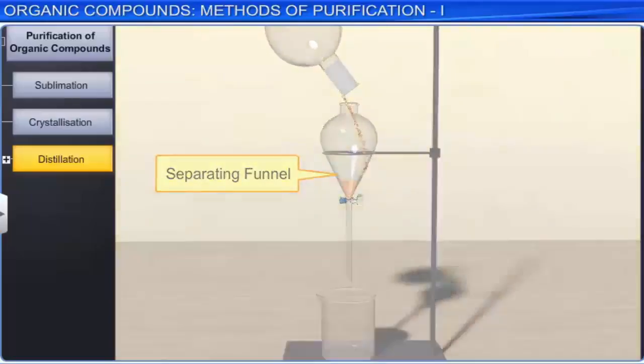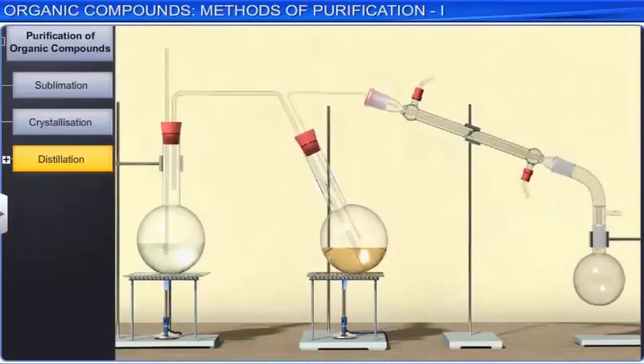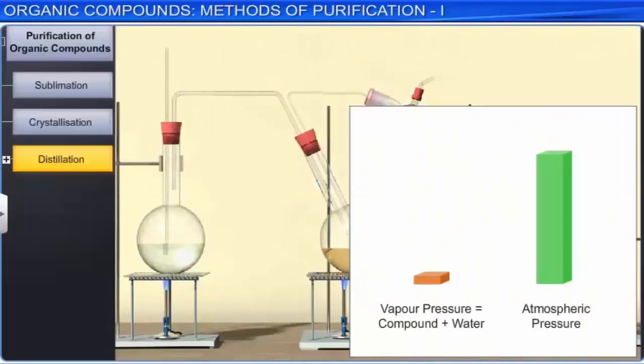In steam distillation, the liquid boils when the sum of the vapor pressures due to the organic liquid and due to water becomes equal to the atmospheric pressure. Since the vapor pressure of the organic liquid is lower than the atmospheric pressure, the organic liquid vaporizes at a lower temperature than its boiling point.